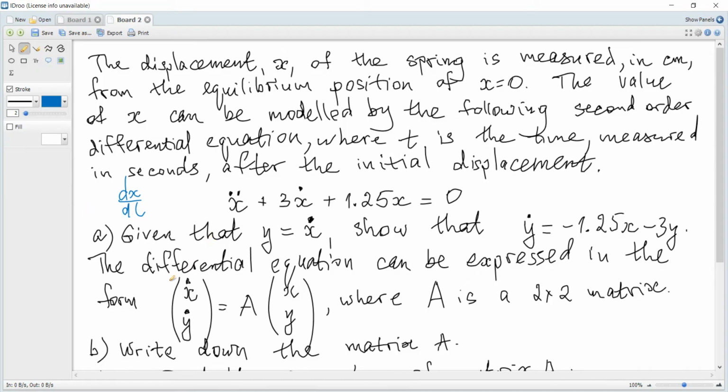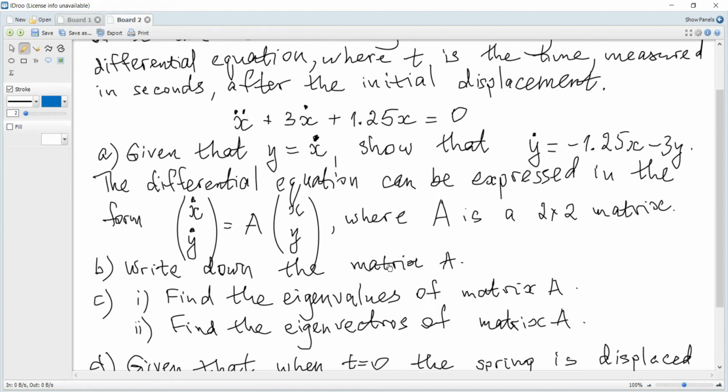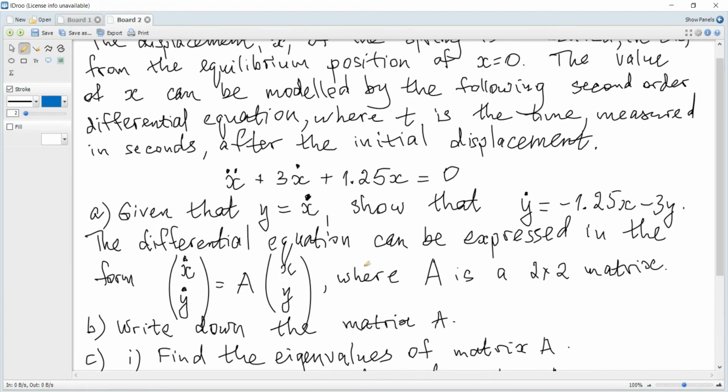And we can find the exact solution of such a second-order differential equation only by representing it as coupled differential equations, and then solving using a method which involves eigenvalues and eigenvectors. The general solution formula is given in the data booklet. Otherwise, it will be Euler's method with the calculator.